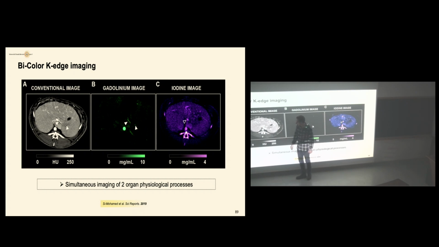When it comes to liver imaging, we are doing 3 shots, 3 acquisitions. In that setup, I injected 2 contrast agents at different times, so I can have in one acquisition 3 pieces of information. You have here the information of the arterial compartment, and you have here the information of the venous compartment.